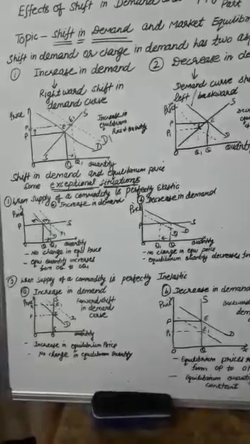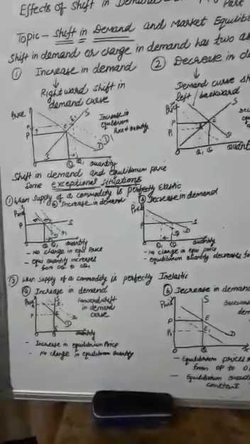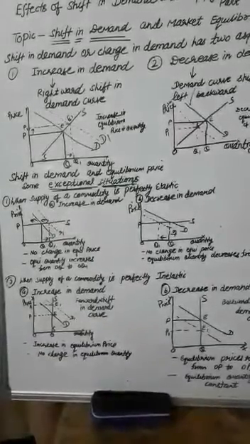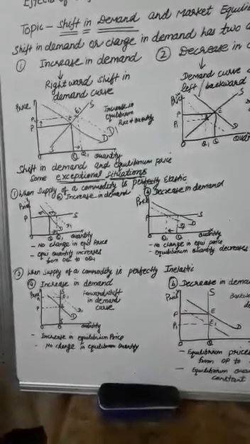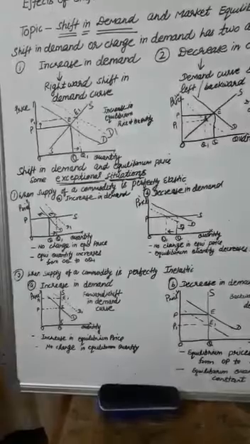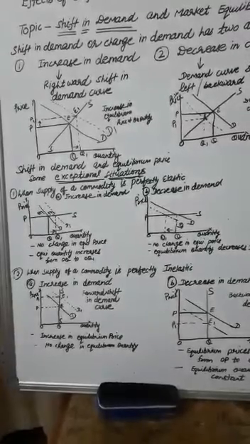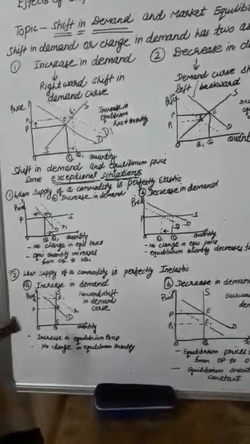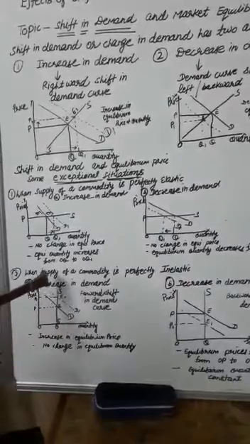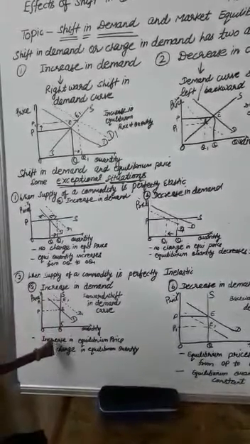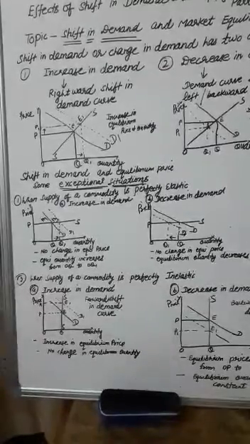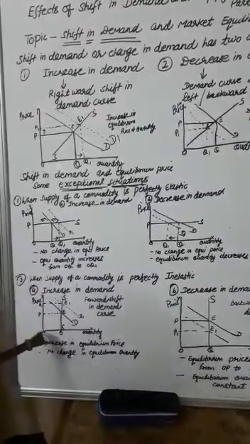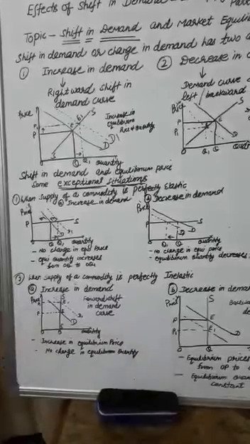Perfectly inelastic supply curve, you know, means that a percentage change in price does not produce any percentage change in quantity, that is quantity supplied and demanded remains unaffected. So here is the demand curve and the supply curve is perfectly inelastic, and E is the equilibrium point, OQ is the equilibrium quantity, OP is the equilibrium price.